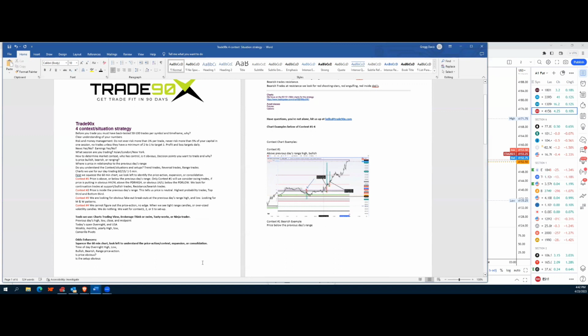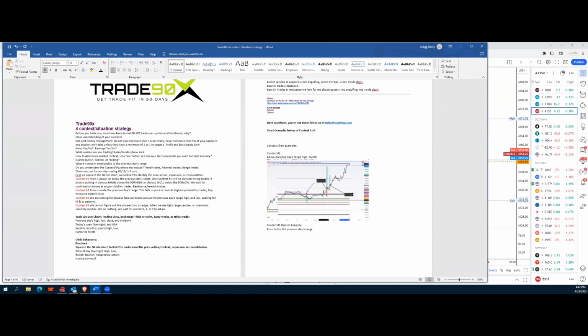I highly recommend you back test it, journal it, and use it, because it's phenomenal. Now, one of the things I want to put in odds enhancers is our routines. Okay, our pre, live, post, weekly, monthly.